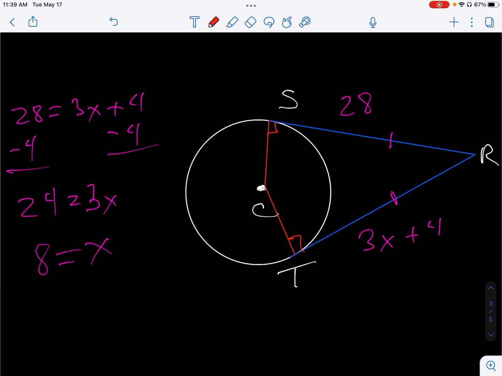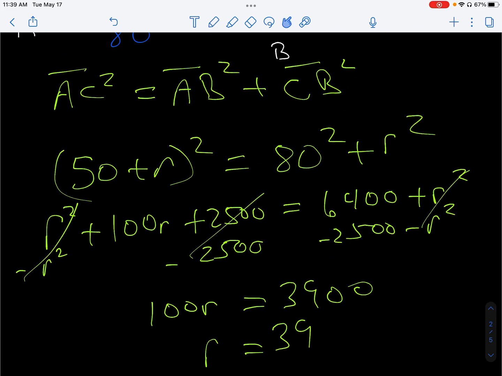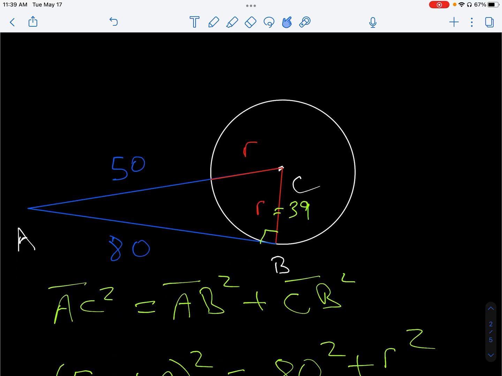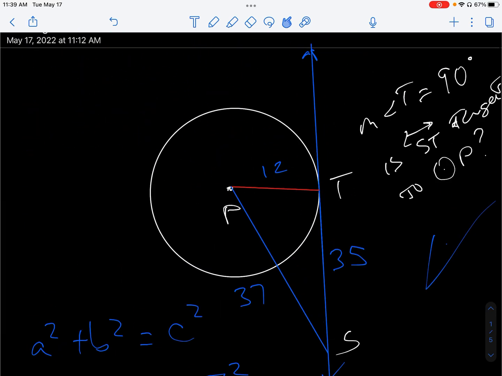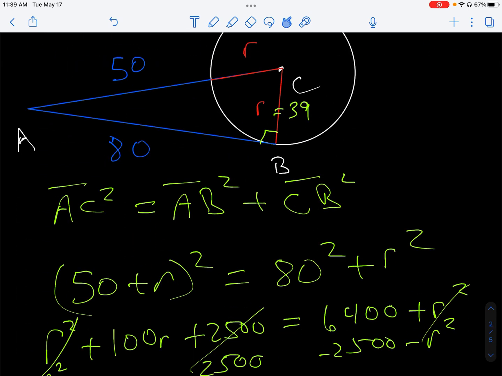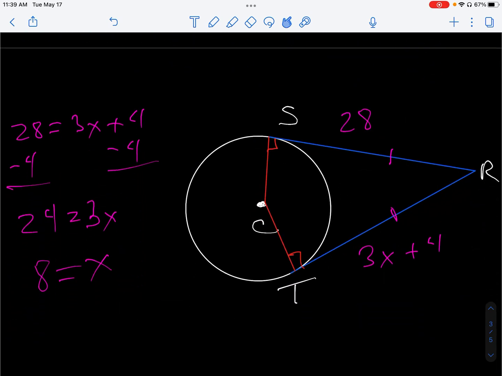So we have a lot of different tools to use when dealing with tangents. Because we know if it is a tangent, it's perpendicular to the radius that ends at that point. And if two tangents meet at a common external point, they're going to be congruent.